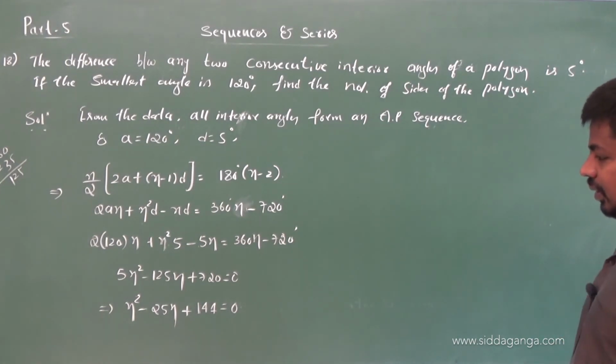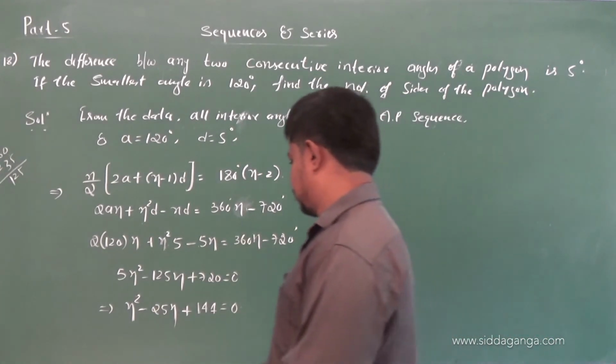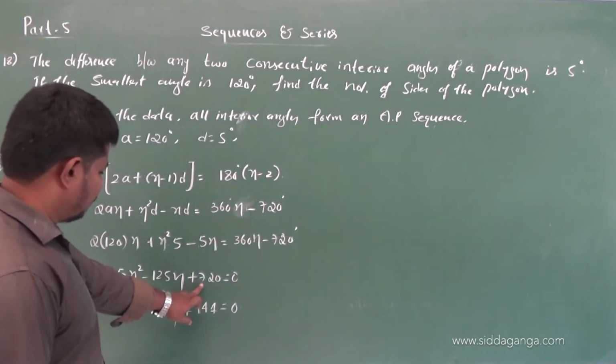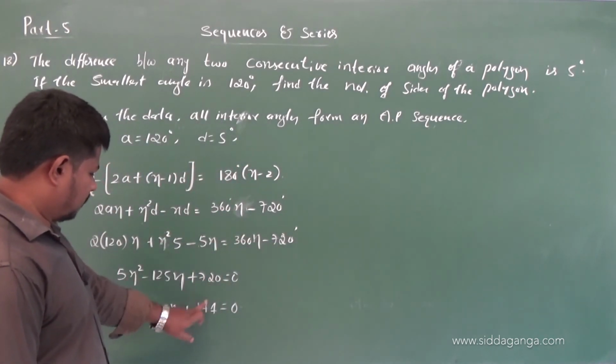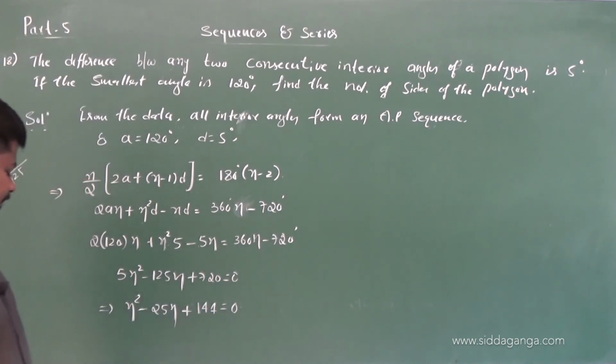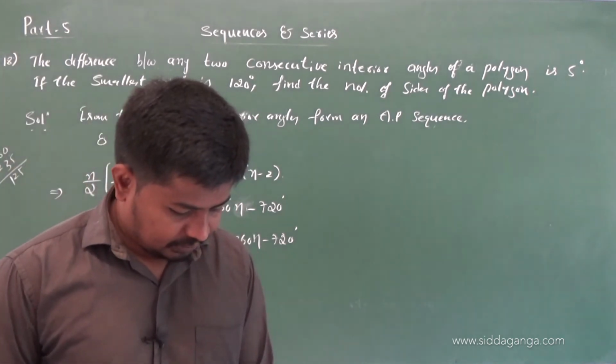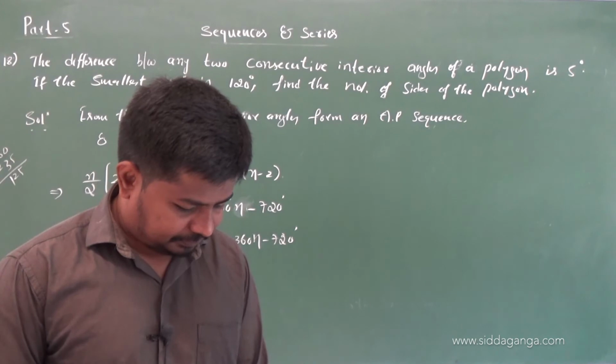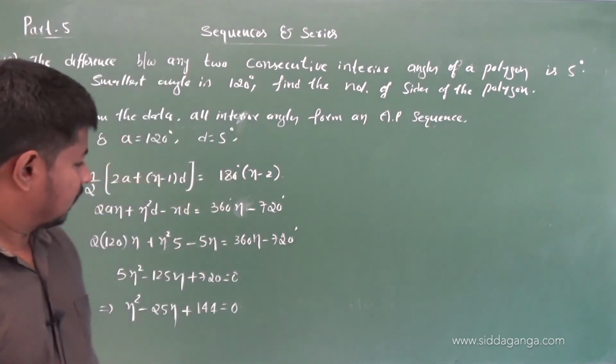So 144, I can write as 12 into 12, or you can write 16 nines, right?